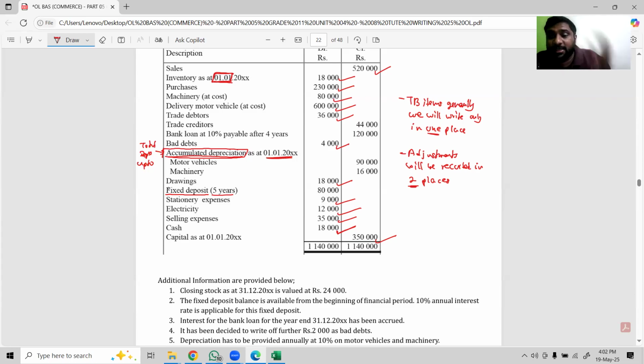So this year's depreciation we have not added yet, because this is for the starting date of the year. At the beginning of the year, 90,000 and 16,000 has been depreciated. So for this year we have to do the depreciation. We'll record those two also.